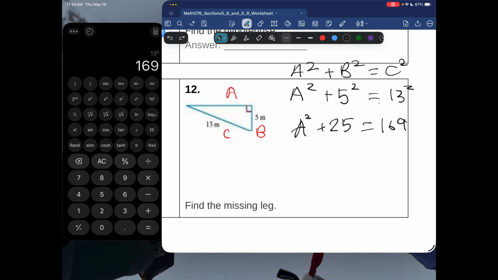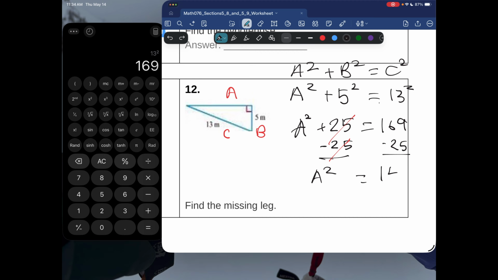So I'm going to isolate a, so I'm going to subtract 25 from both sides. My 25 over here cancels, so I'm left with a squared equals 169 minus 25, which is 144.